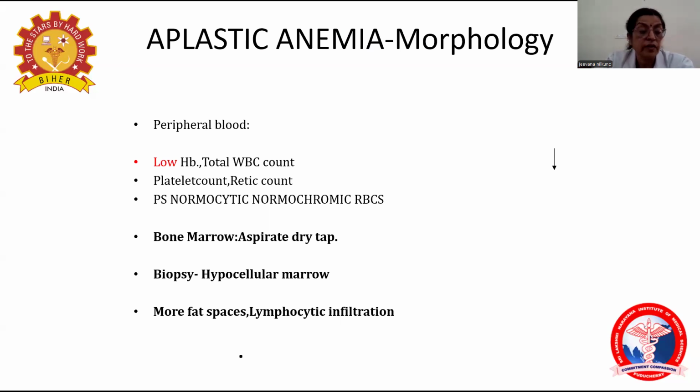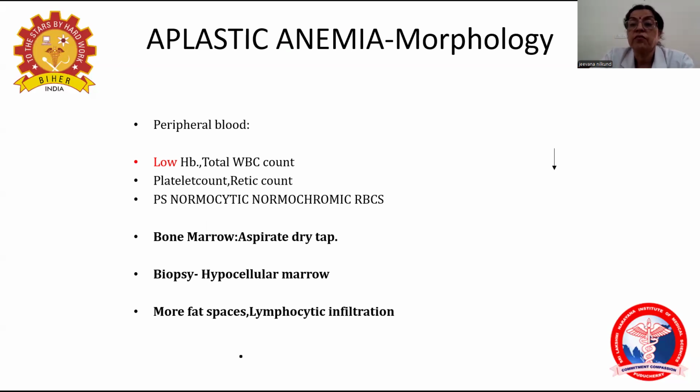the reticulocyte count. So reticulocyte, as you all know, is a cell that is the precursor of a mature RBC. So if the reticulocyte count is normal or more, it indicates that there is erythropoietic activity going on.